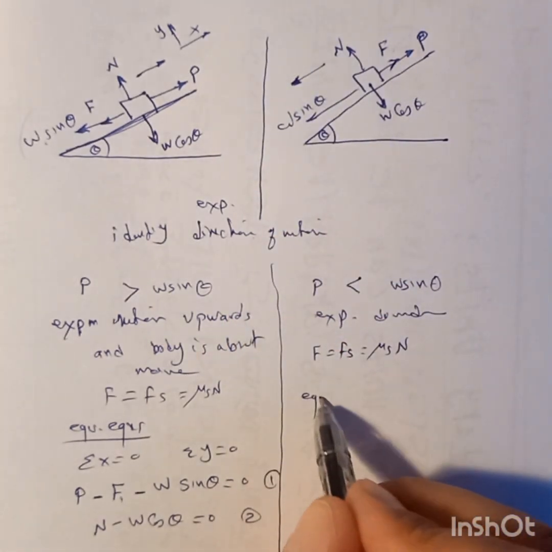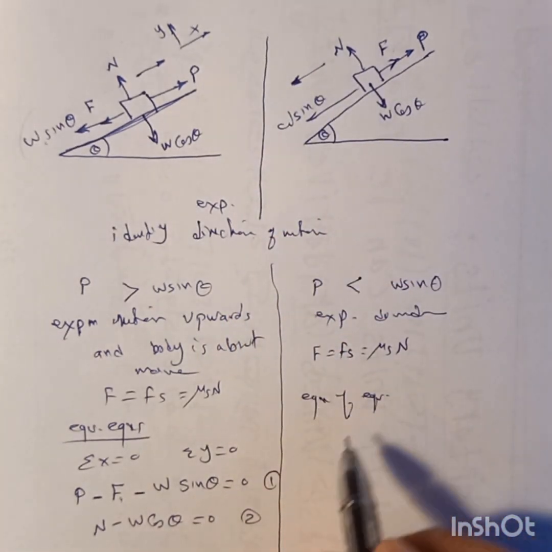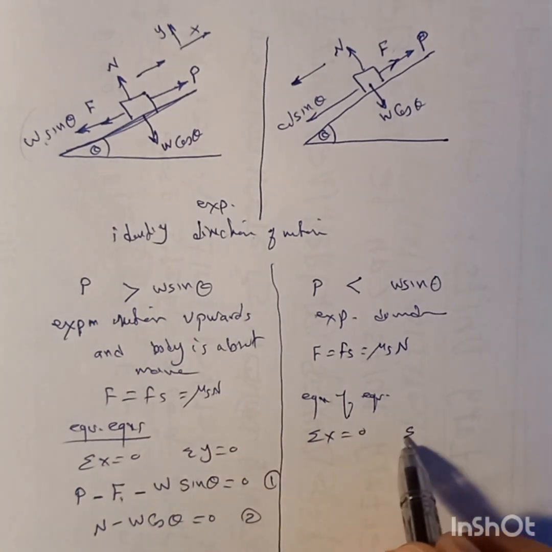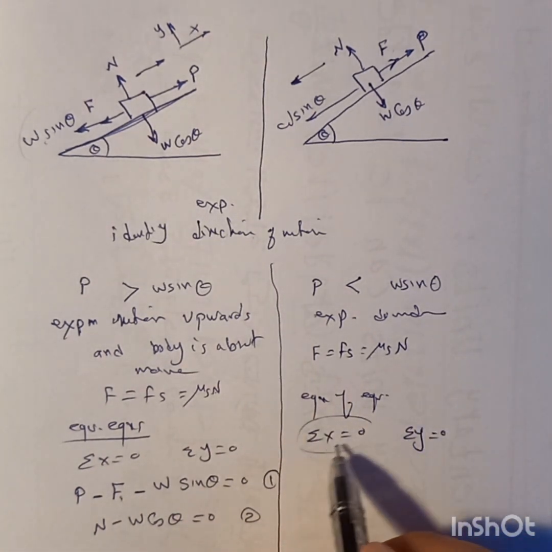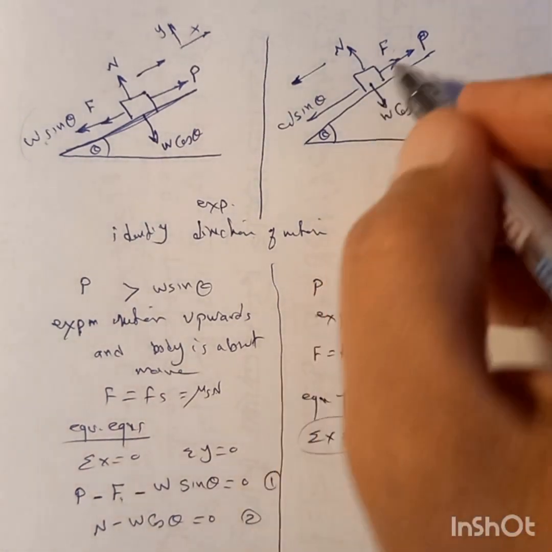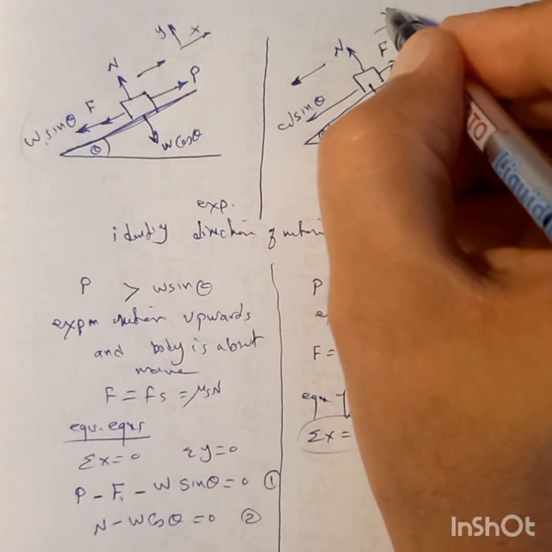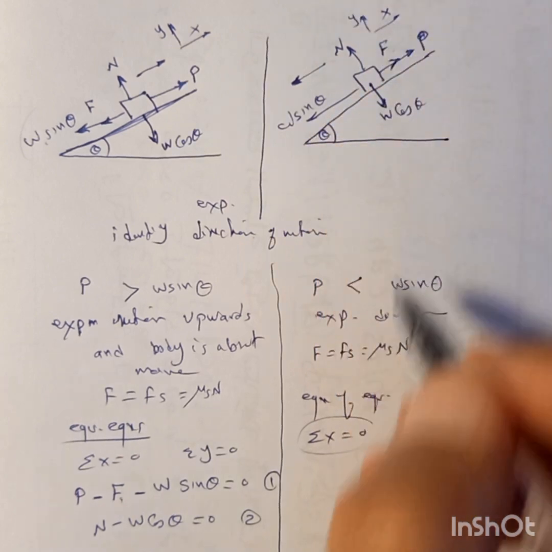Then the equations of equilibrium: summation of x equals 0 and summation of y equals 0, where x is parallel to the inclined plane and y is perpendicular to it.